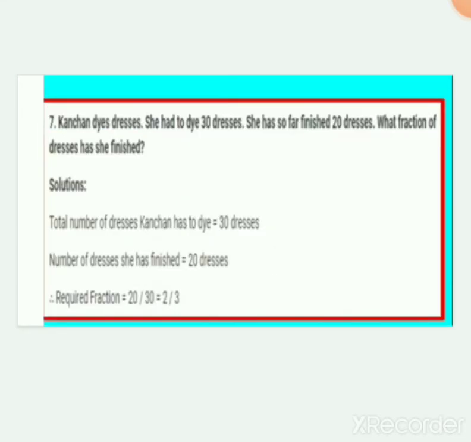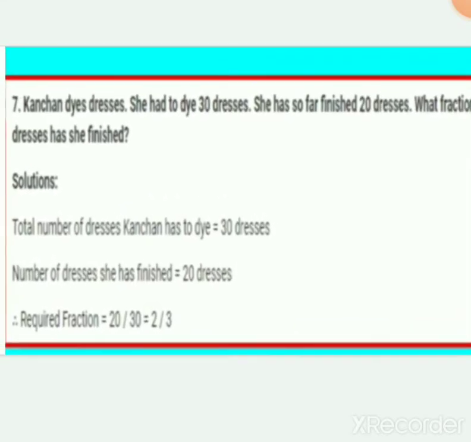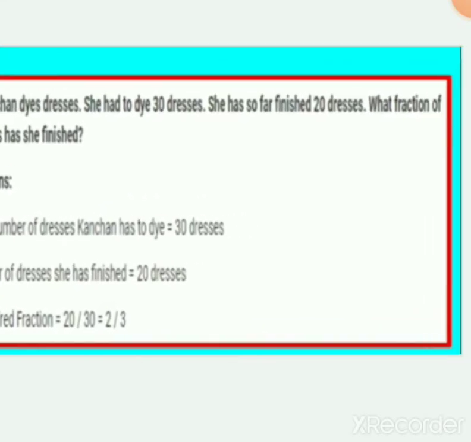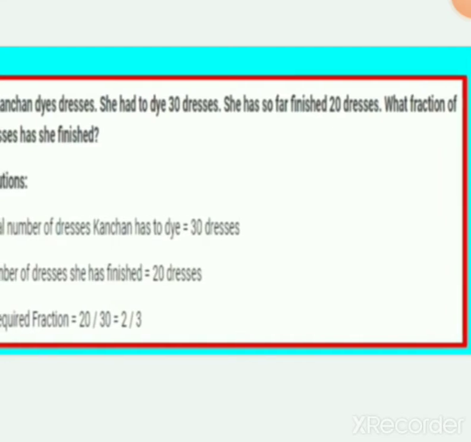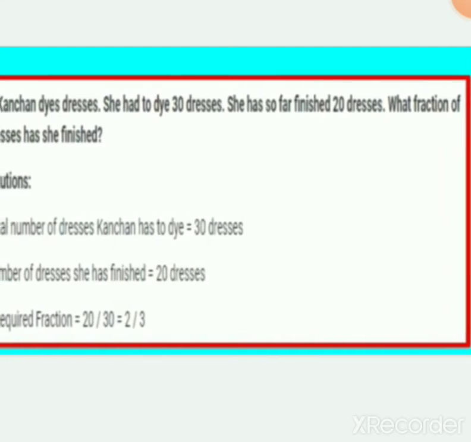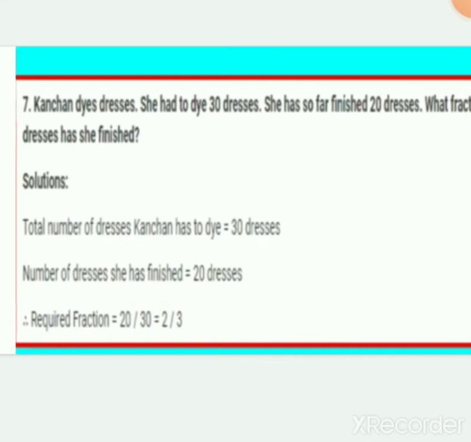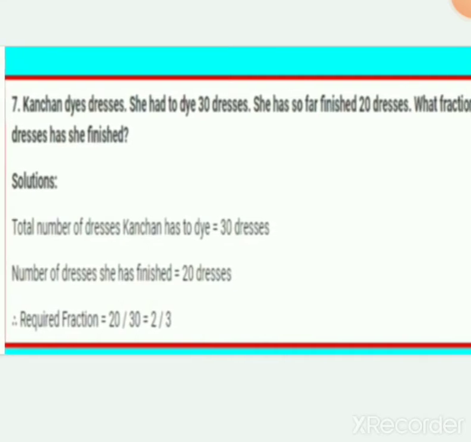Now we have question number 7. Kanchan dyes dresses. She has so far finished 20 dresses. She has 30. She has finished 20. What fraction of the dresses has she finished? Total number of dresses Kanchan has to dye is 30.